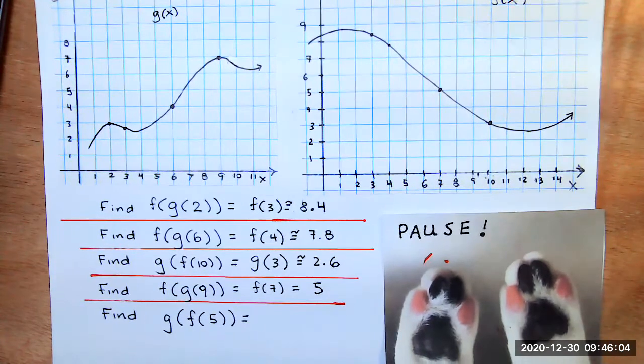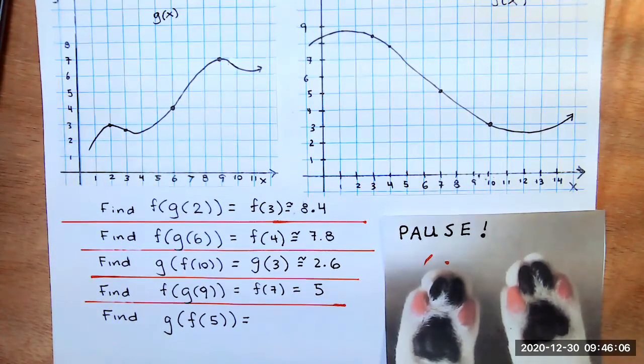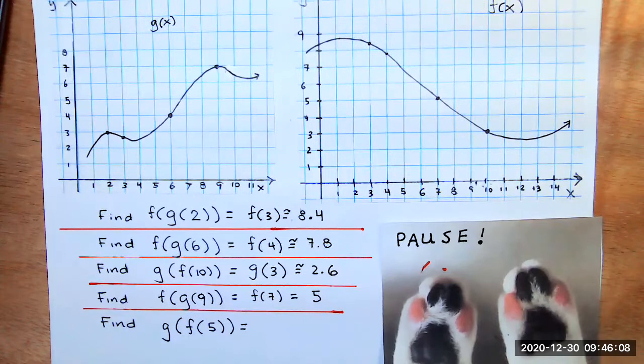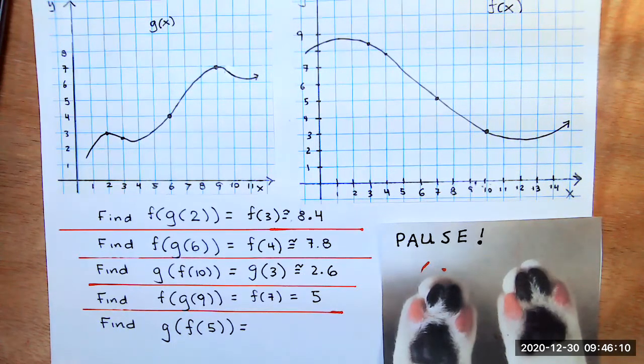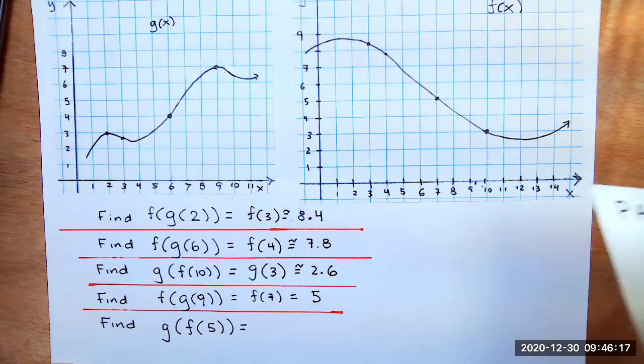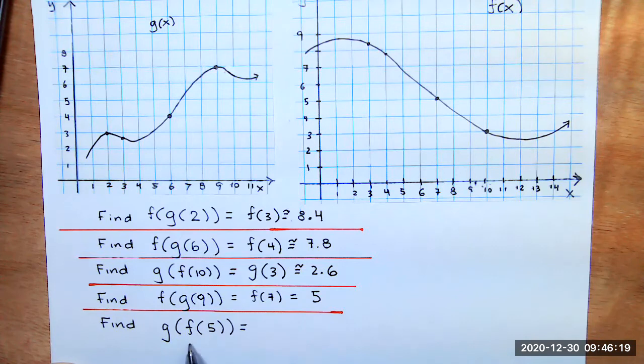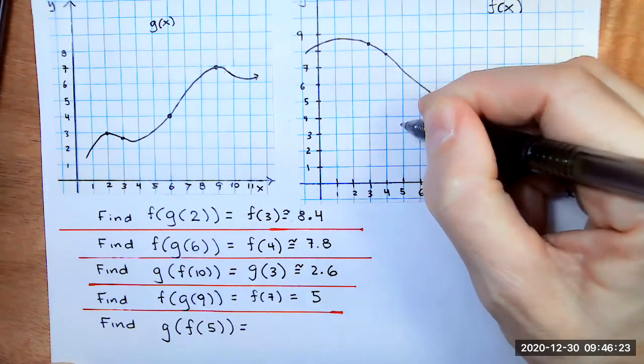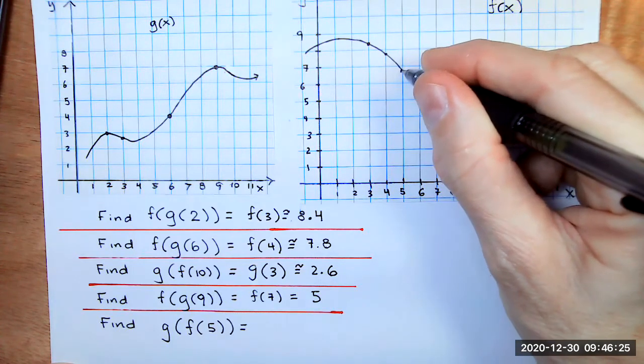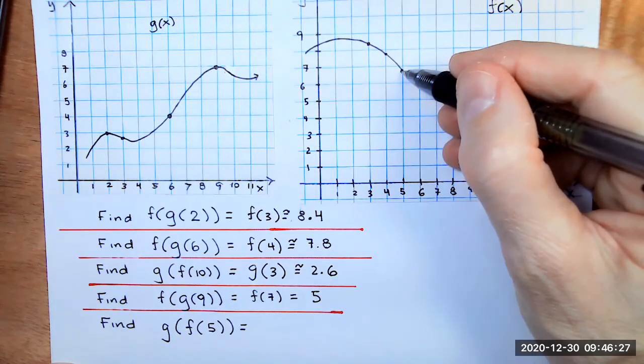Can you find g of f of 5? And it's okay if you get a slightly different answer because there's some estimating involved. I would hit pause and try that one on your own. All right, so we start with the f graph. F of 5 is about 6.8.